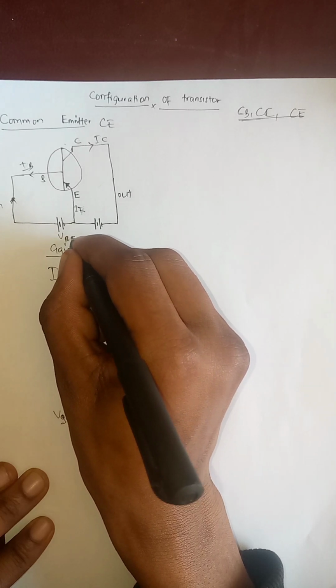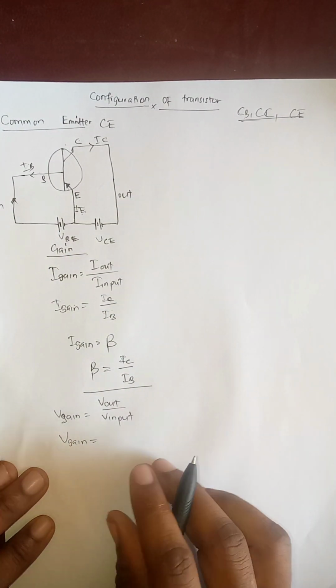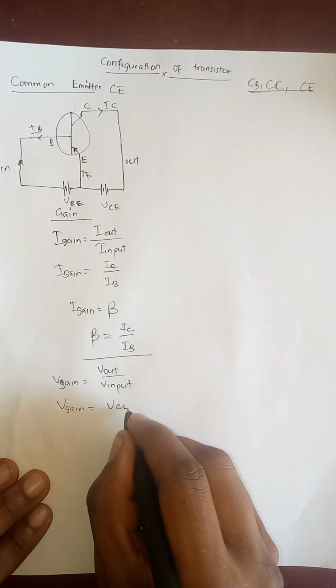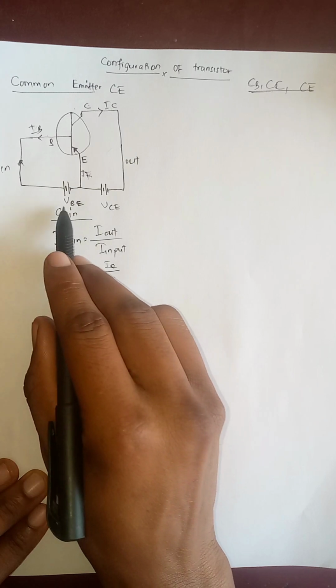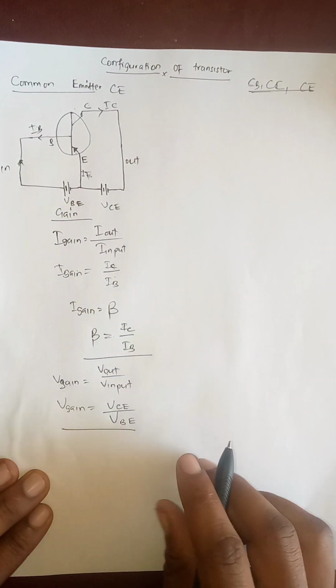So voltage gain is equal to V out, which we know is VCE, over VBE. This is the voltage gain.